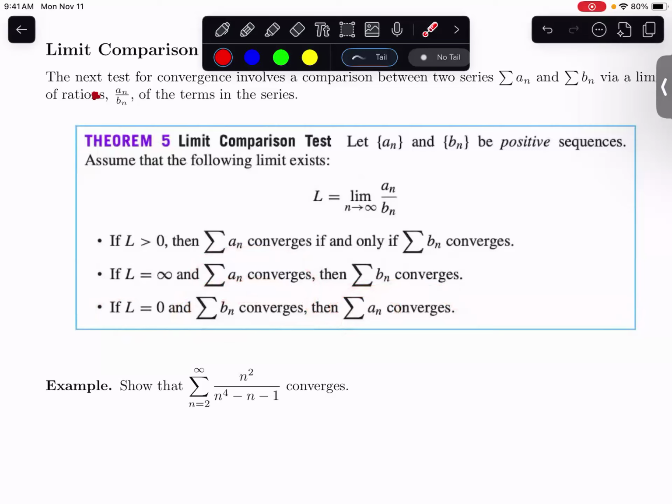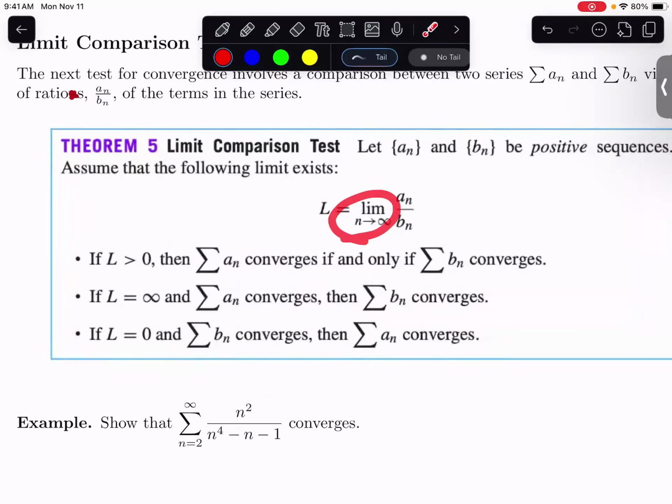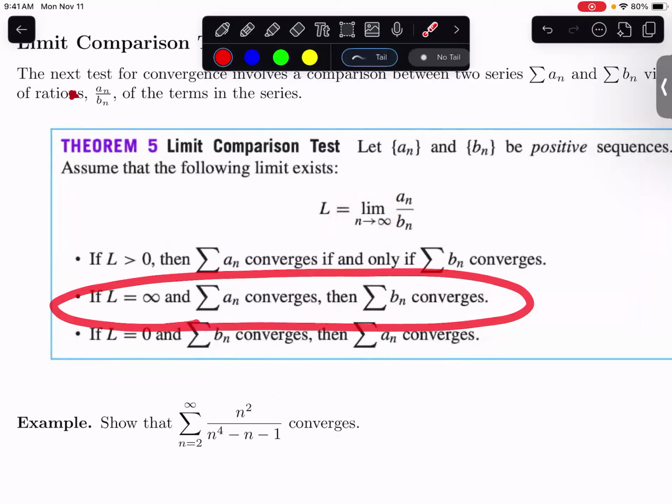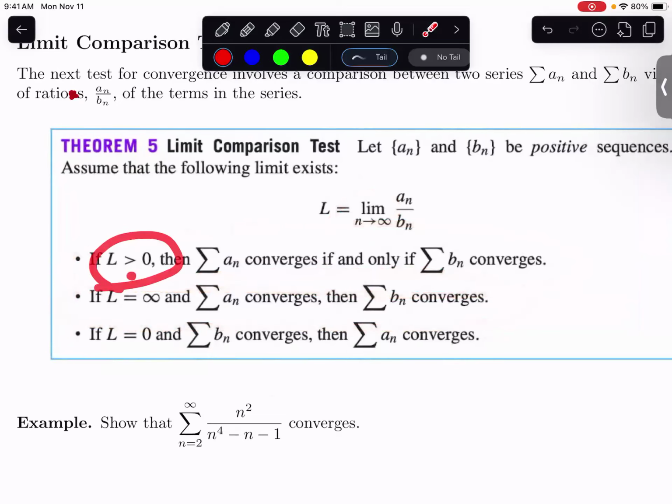You should be thinking about how this makes sense in terms of limits, obviously. Let's look at this one first. If L is greater than 0 and the series of a sub n converges, we're saying this limit ends up being some sort of finite number.